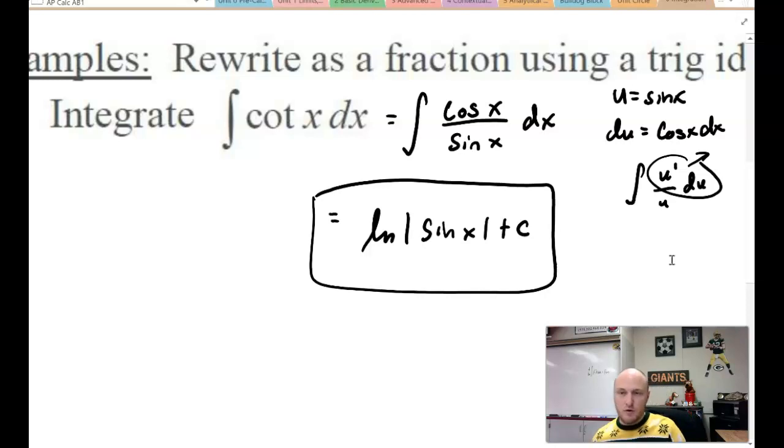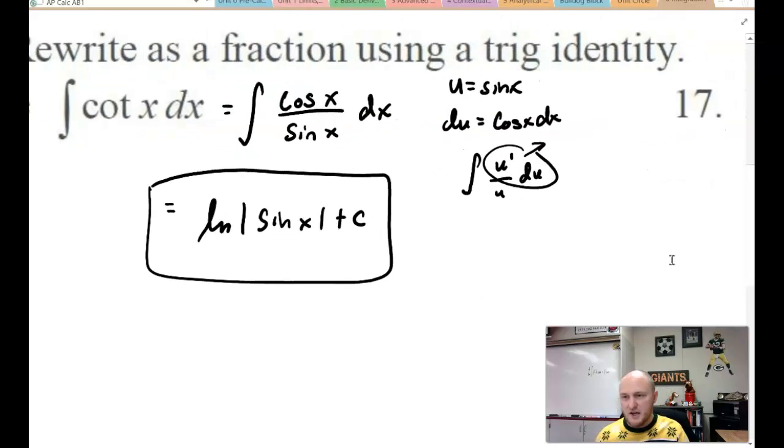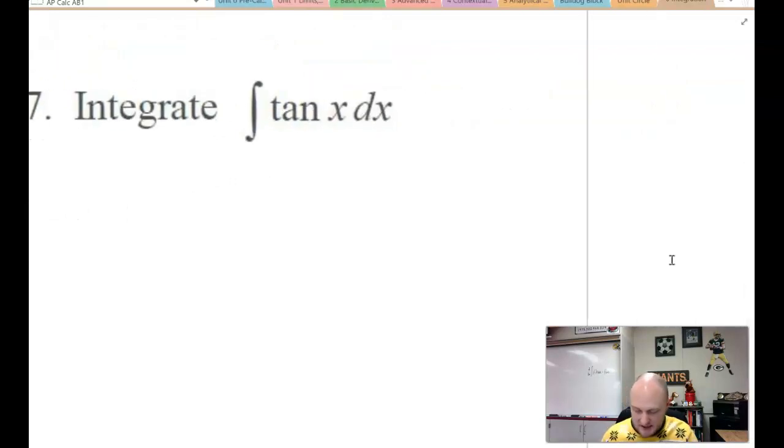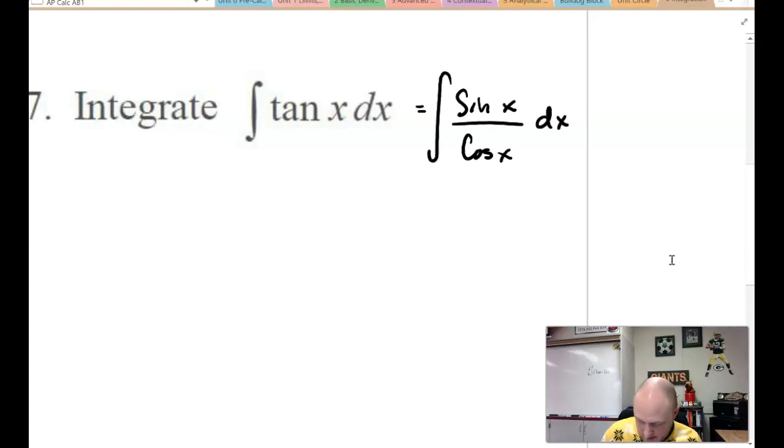And the same thing for tangent. We're going to use the same tricks integrating tan x dx. I'm going to say, hey, this is sine of x over cosine of x dx. Make sure to bring your notation along with you.